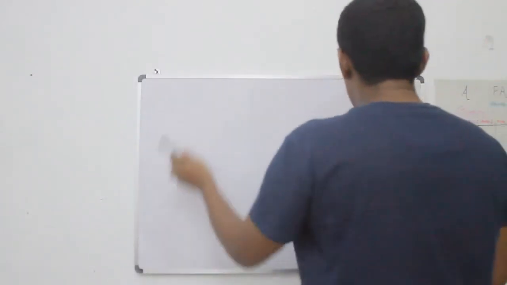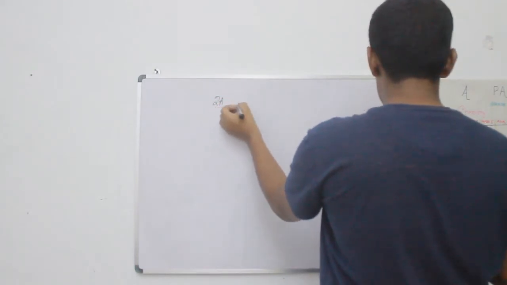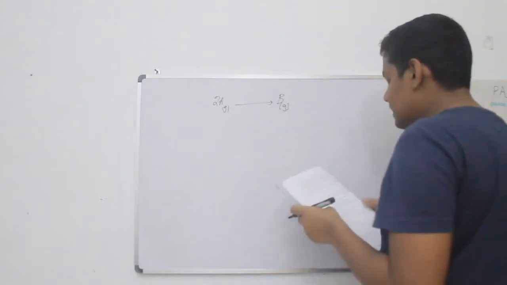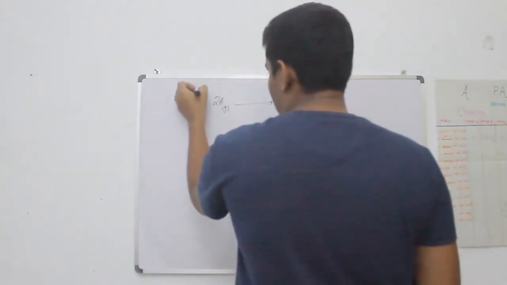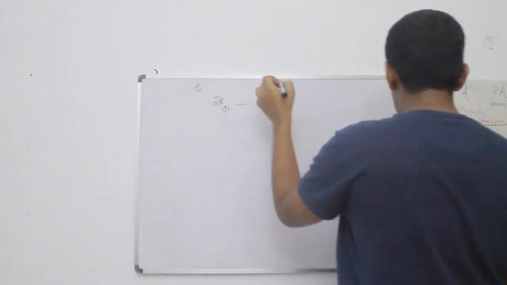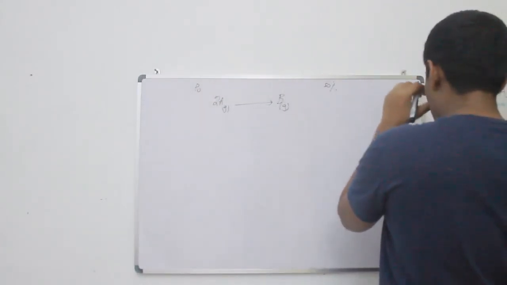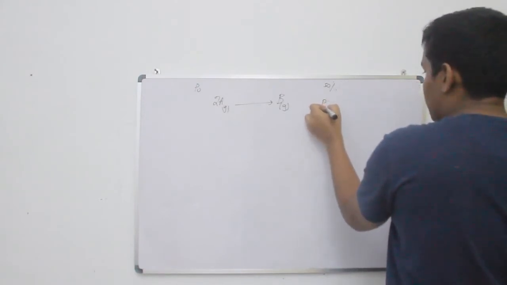The elementary reaction 2A gas giving you B gas, in a closed rigid container at constant temperature, has initial pressure P naught, and when the reaction is 50% complete, the pressure is PT.